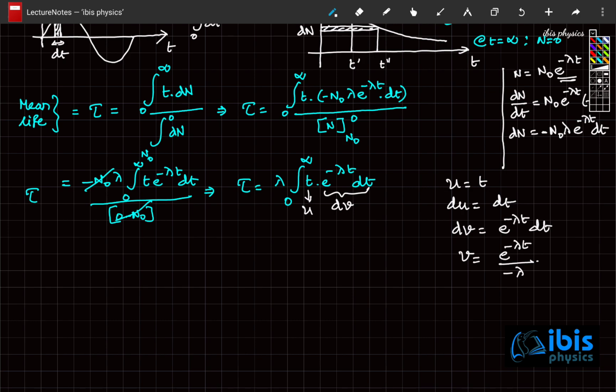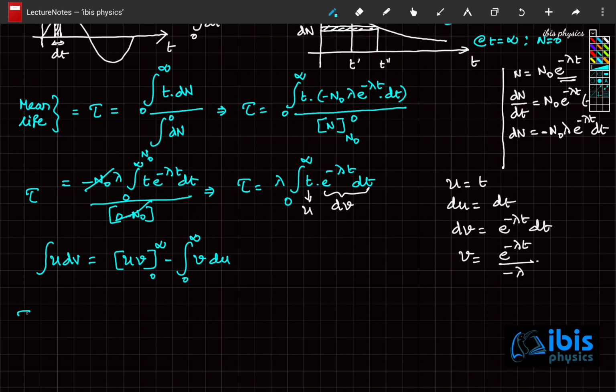So substituting that, how do we integrate u dv? The integration u dv is given as uv, for that also limits to be applied, minus integral v du. So the limits have to be applied, 0 to infinity.